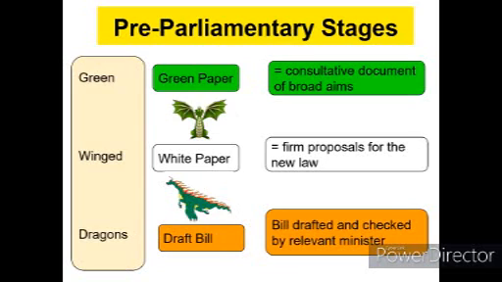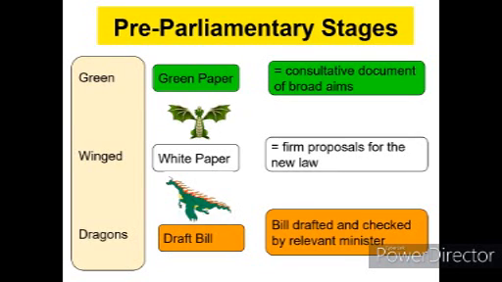And then that is made into a draft bill, a written proposal written in the proper legislative language that has been drafted and will have been checked by the relevant minister. So an education bill will have been checked by the education minister. So green paper, winged, white paper, dragons, draft bill. And they're the pre-parliamentary stages.